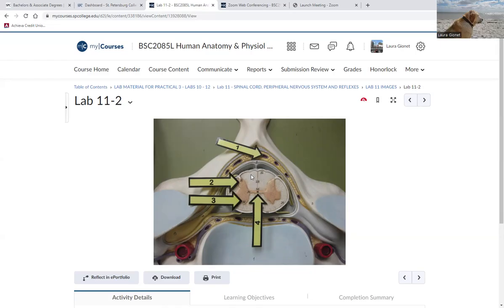All right. So first, there's a couple approaches to doing this. We can look at these outer structures, like the fat layer here that one is pointing to, and look, it goes all the way around circumferentially, and that is your epidural space. And then I look at the different meninges, dura mater, arachnoid mater, pia mater, and identify those things first.